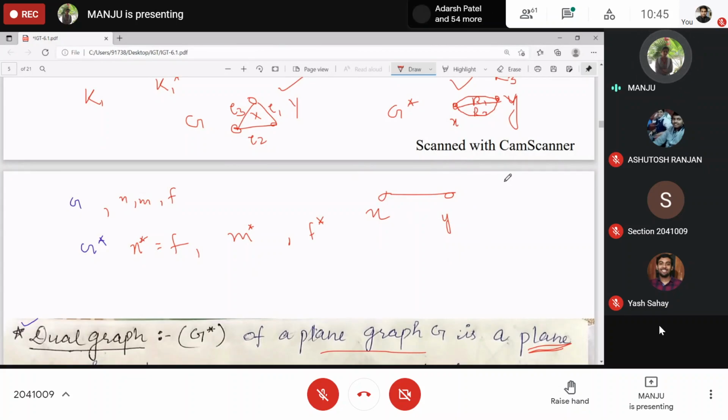If the graph does not have any cycle, there is no bounded region. Here it was a cycle, that's why bounded. Here also we had a cycle, that's why bounded. But here no cycle, so only the unbounded region. You can call this region R. Tell me the K2 star. This is your K2, K2 star.